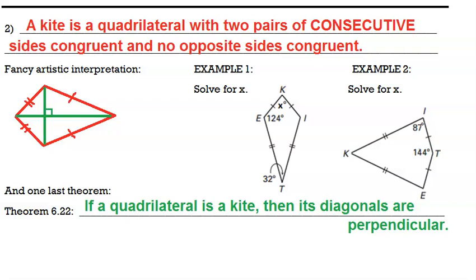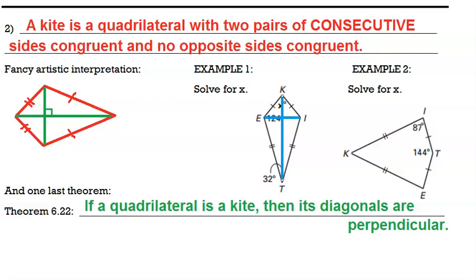Example 1, solve for x. Now, the reason I bring up the idea of the diagonals being perpendicular is because it sort of helps us get a visual for just what's going on here. You don't have to draw this on this particular problem, but I think it's kind of nice. You can actually see the relationships.